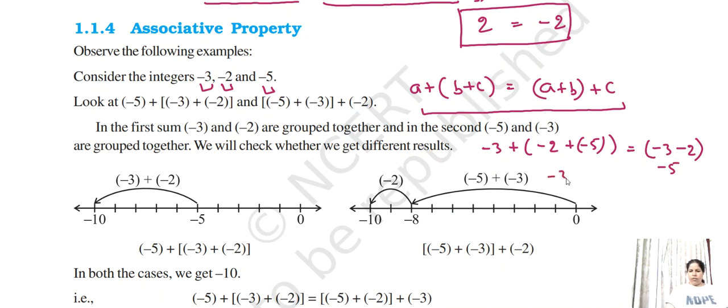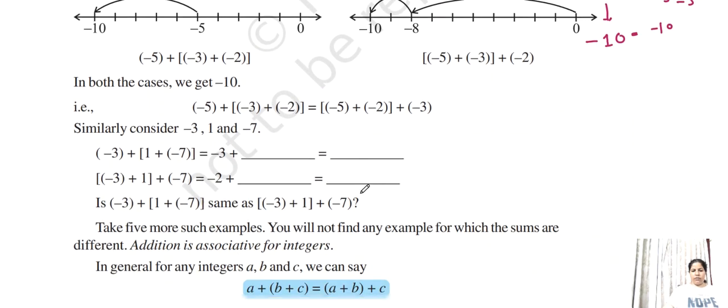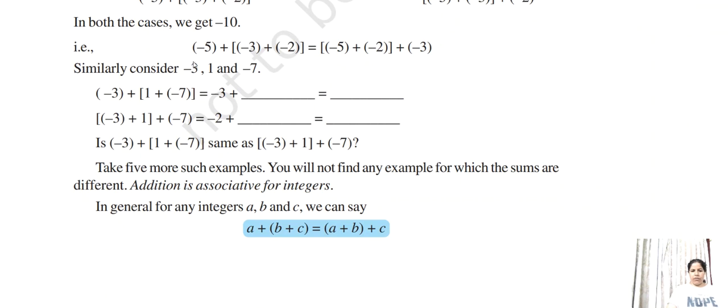So minus 3 plus, in this bracket we will solve and we will get minus 7, equals minus 5 and minus 5. So here we are getting minus 10, and here also minus 10. Okay, so the same value we are getting.